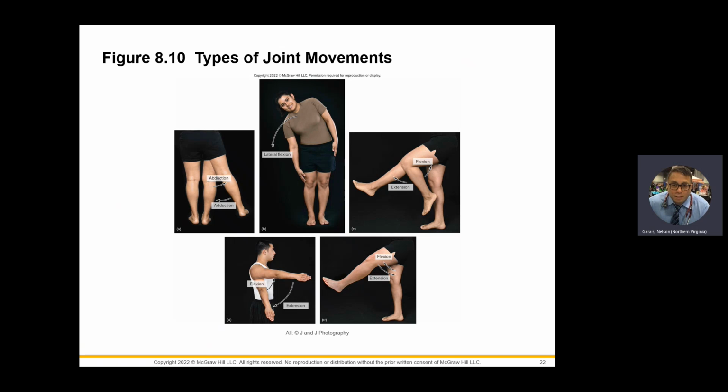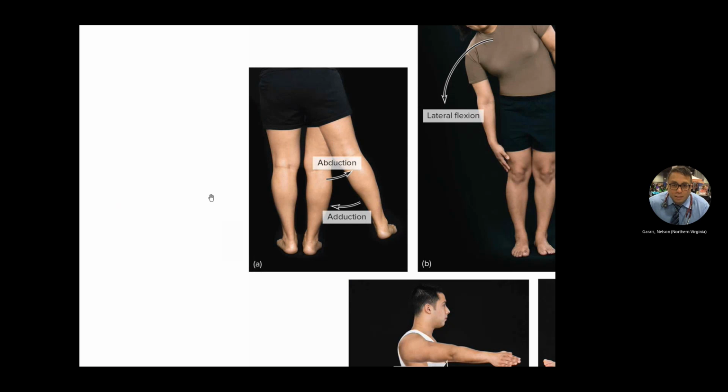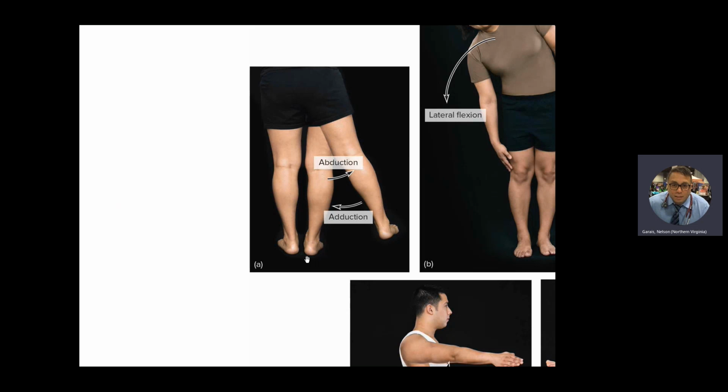Now, what's abduction versus adduction? Think about the word abduction. When you're abducting somebody, you're pulling them away. So abduction means I'm pulling the limb away from midline. And adduction is the exact opposite.